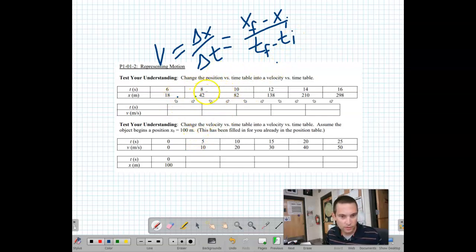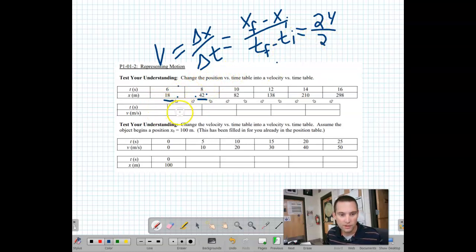So we have our final position, 42, minus the initial position, 18, is going to give us 24 as our delta x. So that equals 24 on top. And then for the delta t, it's going to be 8 minus 6, 2.